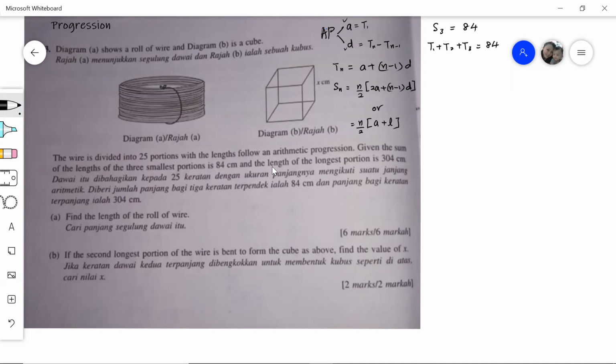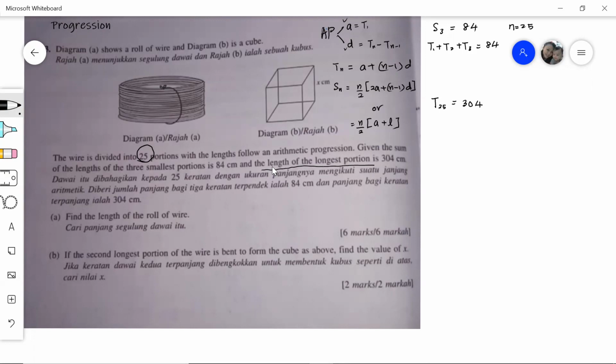The second piece of information is the length of the longest portion. The wire is divided into 25 portions, which means n is 25, and the longest portion must be the last term, T25, which is given as 304.